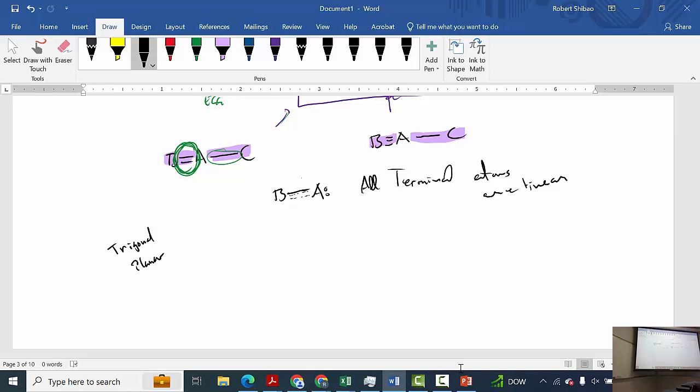But what if the EGG were trigonal planar? Would it also be a trigonal planar MG? It could be, yeah. So if it's trigonal planar, what's the ideal angle? 120. 120 degree angle ideal. Three single bonds.